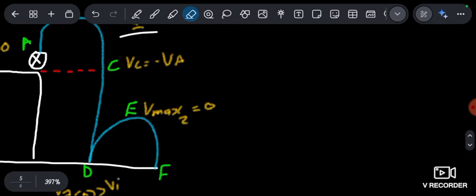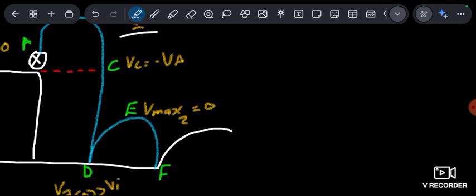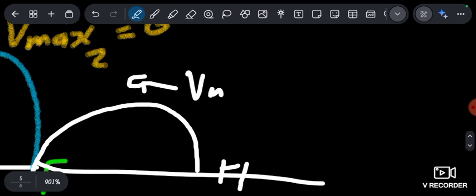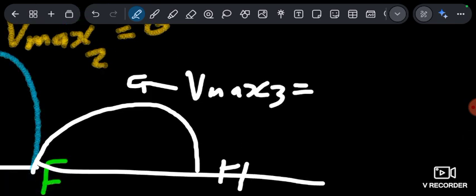If you were to say that the ball then goes up again, the ball goes up maybe again, and then does this. This is going to happen again. Let's say A, B, C, F, G, H. Right? Now, this here will be another Vmax number 3. What is the velocity at maximum height?